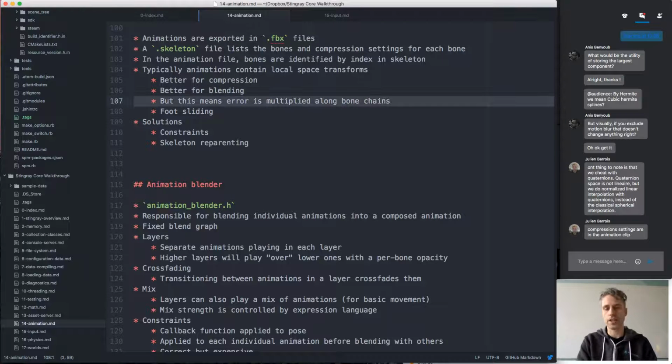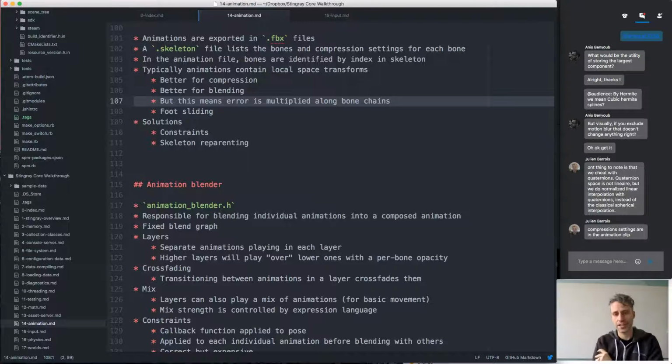But using local transforms also has a big drawback. The drawback is that the error in the animation can be multiplied along the bone chains. If you have a long bone chain, like your arm here, and I have a small error in how I represent the shoulder rotation, that error will translate to a pretty big error over here in where the hand ends up.